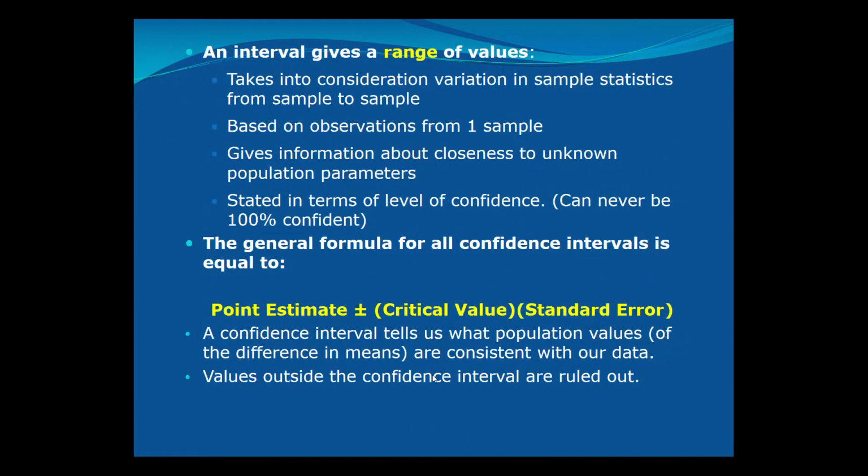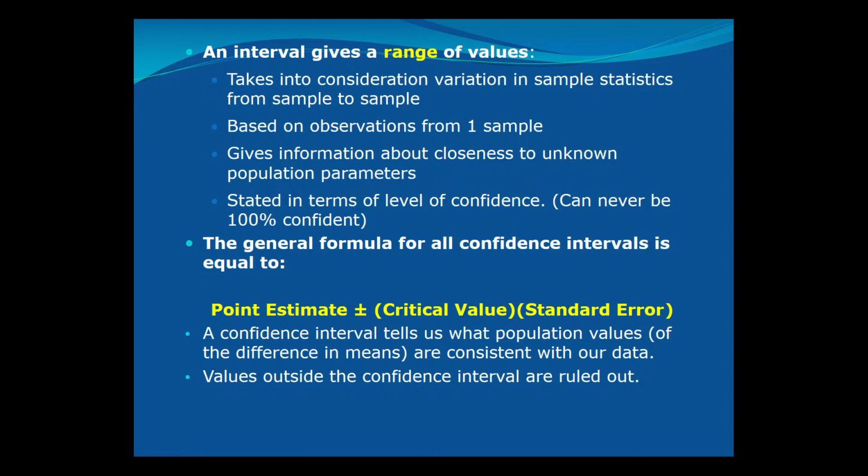An interval gives a range of values, takes into consideration variation in sample statistics from sample to sample, is based on observations from one sample, gives information about closeness to unknown population parameters, is stated in terms of level of confidence, and can never be 100% confident.